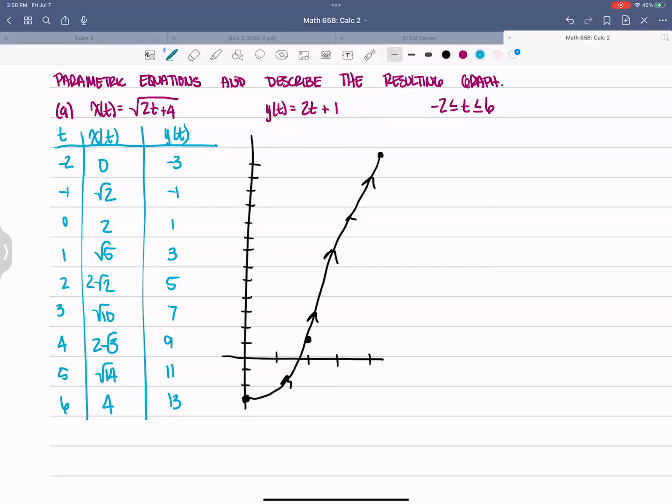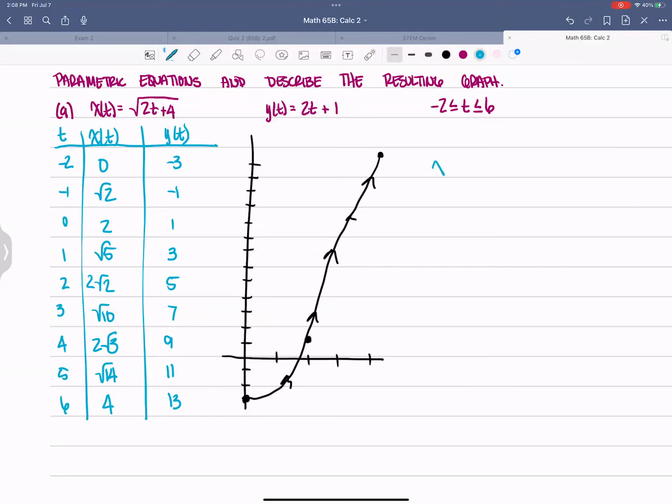Okay, so the one thing that each of these equations have in common is t. And since we're used to having y as a function of x already, what I want to do is solve for t here and then plug it into this equation. So let's solve for t over here.